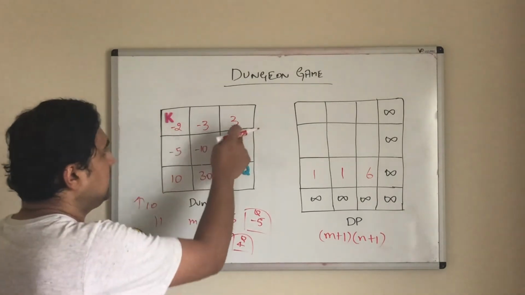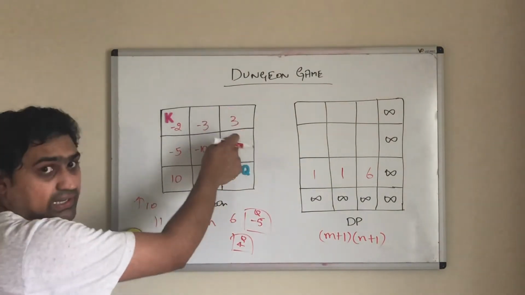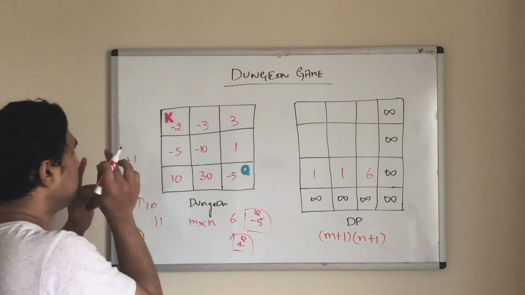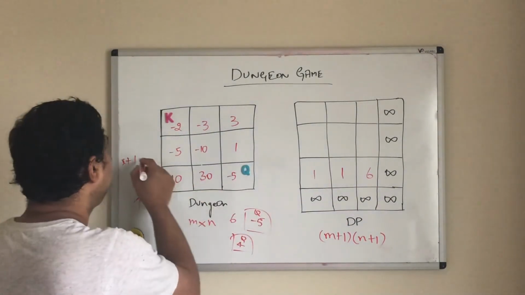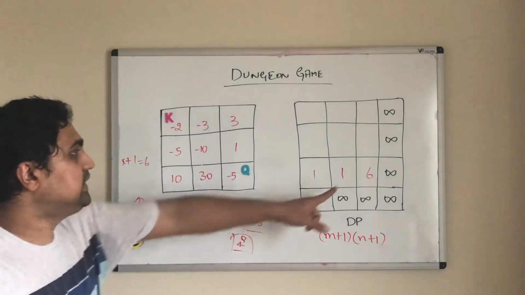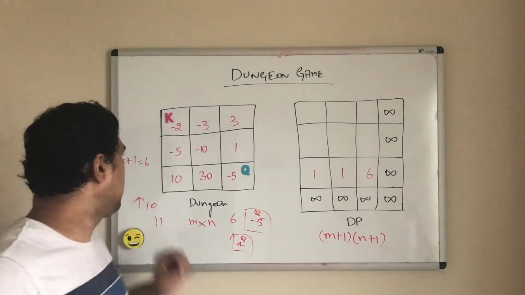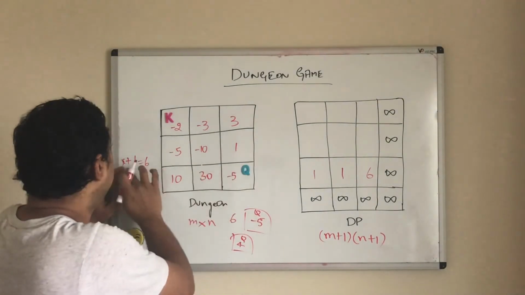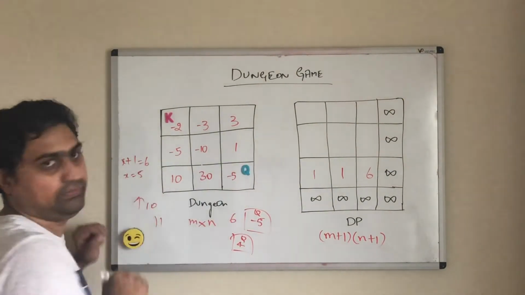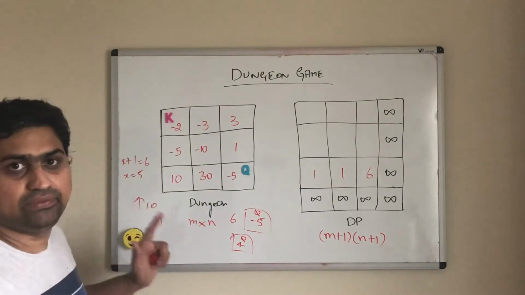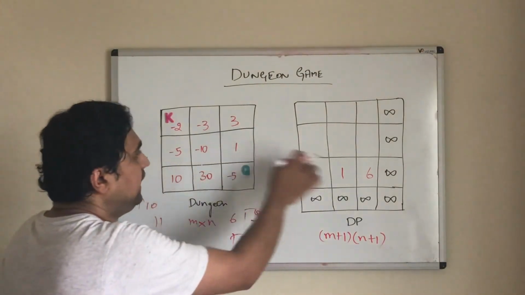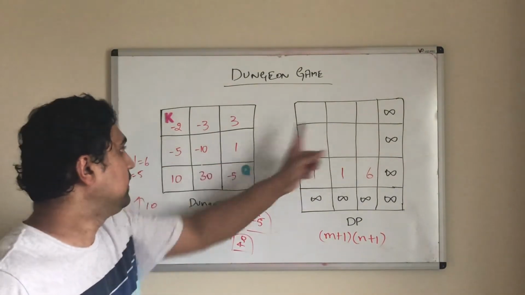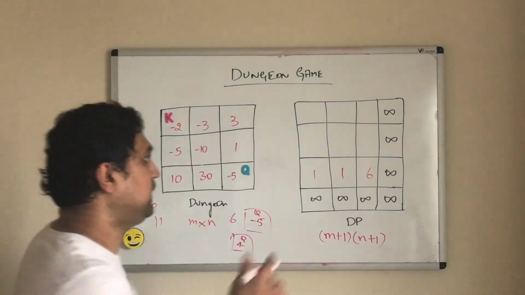If the knight's health was x when he entered this cell, then x plus 1 should add up to this value here. Otherwise he won't be able to go down and save the queen, right? So the minimum health the knight requires in order to enter this cell should be at least 5. So if the value is at least 5, he is able to enter this cell from here.